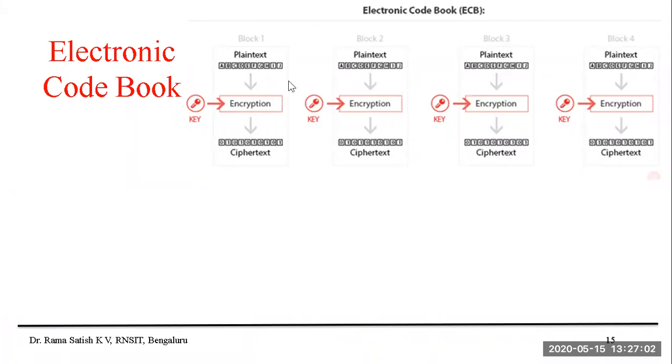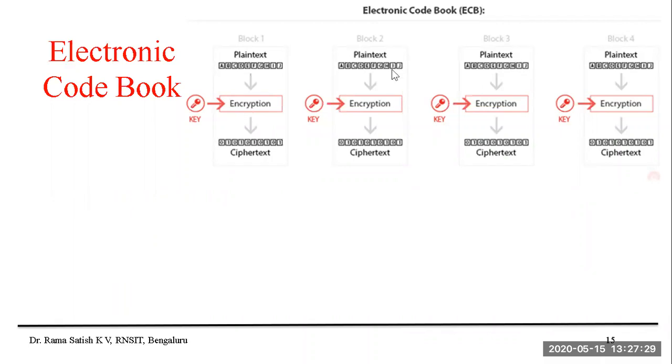Remember, the entire text will not be encrypted at once. The entire text is split into blocks. You see, this is a block of some 20 or 30 characters, the next block of 30 characters, and so on. For that, they apply the secret key, do the encryption, and get the cipher.